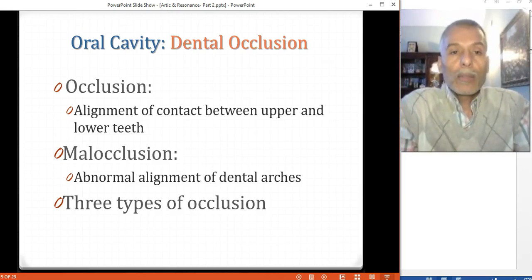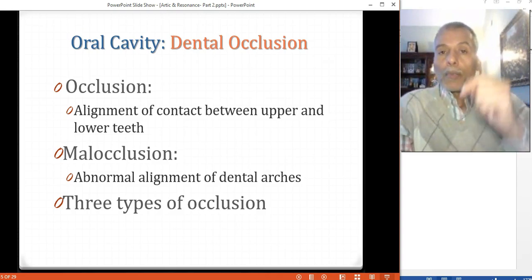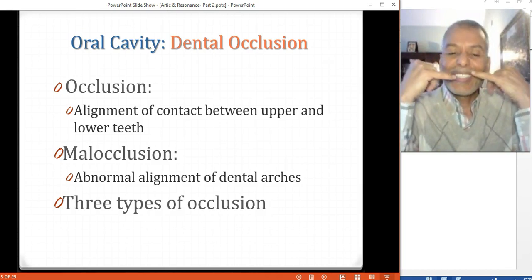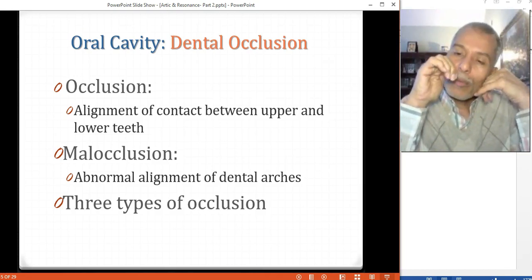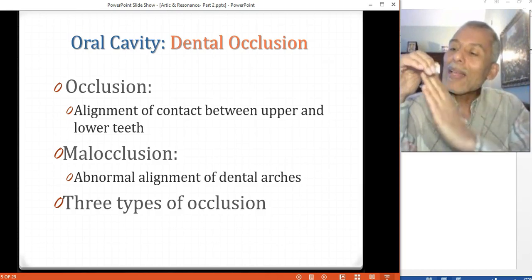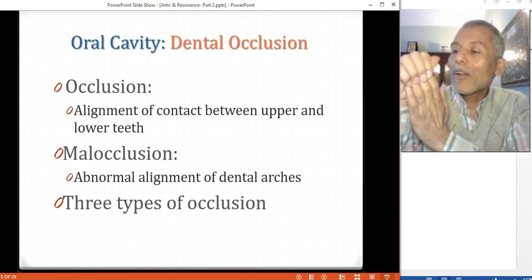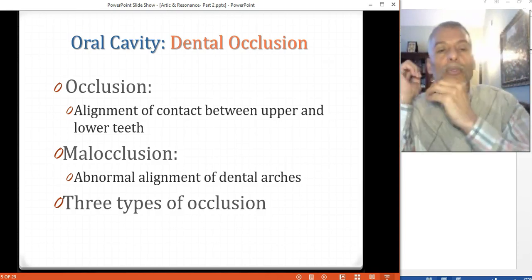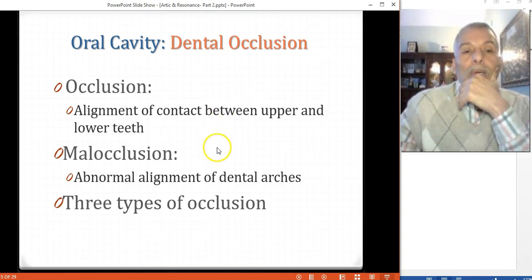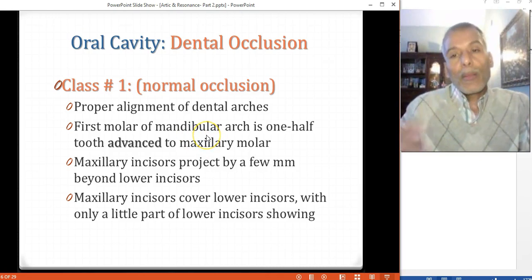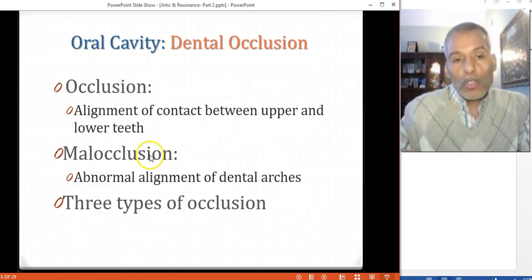So again, normal alignment involves protrusion where the upper front teeth protrude, are farther forward than the lower incisors, and the upper front teeth cover part of the lower front teeth. Look in the mirror and see for yourself. If that is not the case, then the person will have malocclusion.